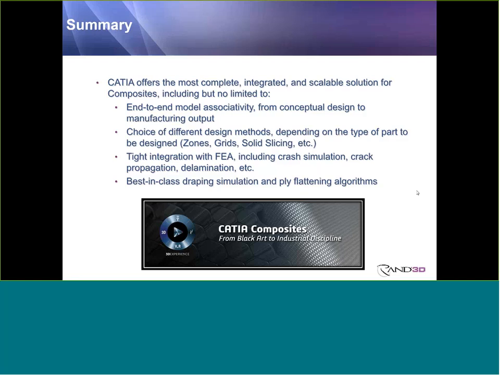You have a zones approach, a grids approach, solid slicing, and some other methods for different types of ramps, tapers, etc. Another strong feature of this solution is a very tight integration with FEA, including crash simulation, crack propagation, delamination, and others. And another differentiator is that it has best-in-class draping simulation and flattening algorithms.